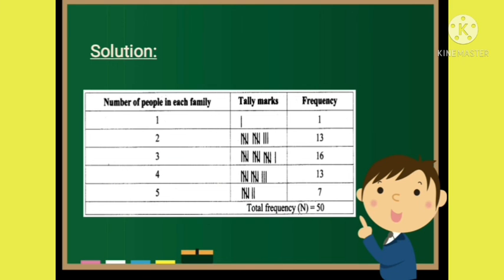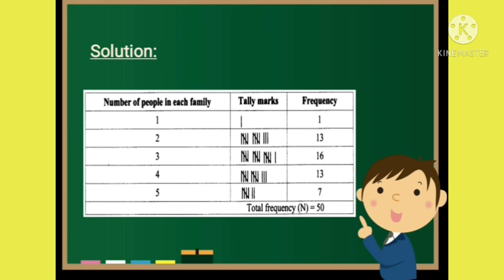We will draw a frequency table with 3 columns. The first one is the number of people in each family, the second column, tally mark, and the third one is frequency. In the first column, we are going to write the number of people in a family, that is 1 to 5. In the second, we are going to write the tally marks.